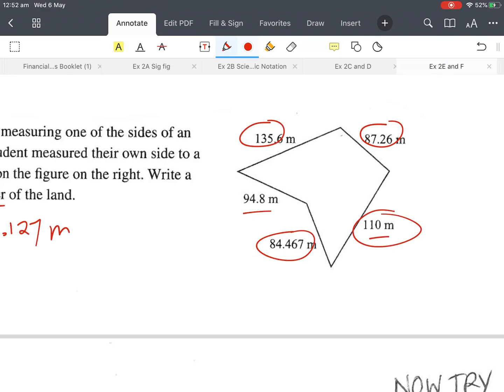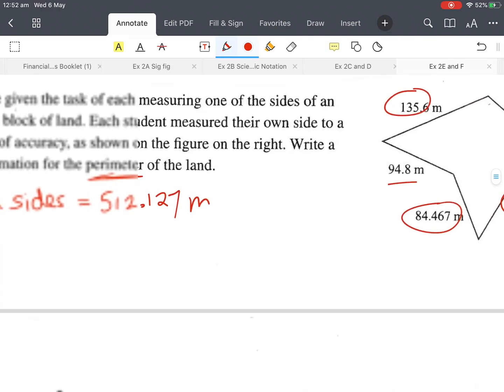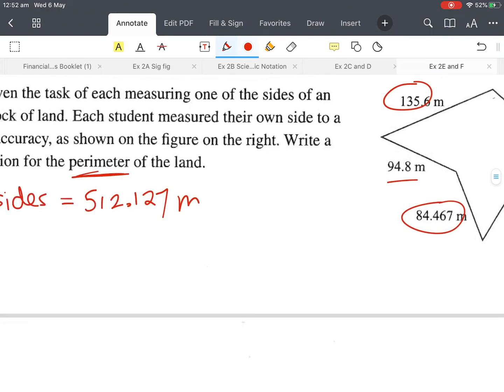So either way, 3 significant figures or the nearest whole number is what I should be rounding to. So let's have a look, see if it's different. If I round to the nearest whole number, I get 512. If I round to 3 significant fig, 1, 2, 3, that's actually the nearest whole number as well. So it's going to be 512 meters either way. So there you go. So that's the video for 2E, boys and girls.